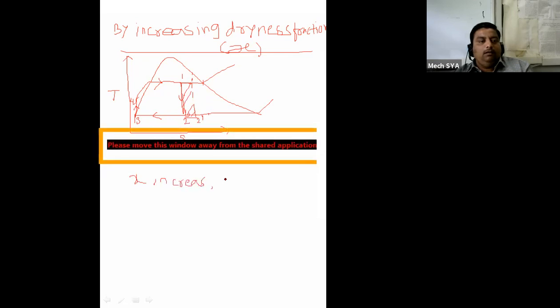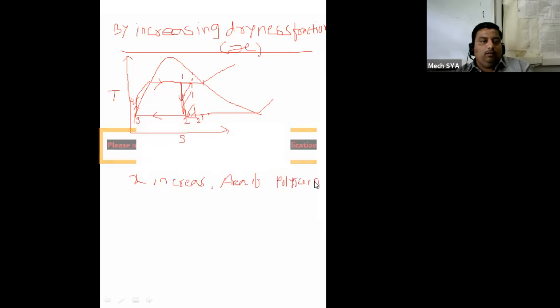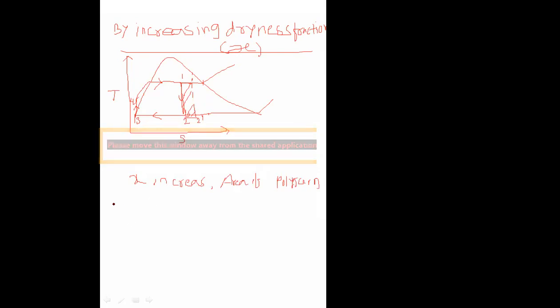X increases, the area of the polygon increases. Correct, the area of the polygon increases.